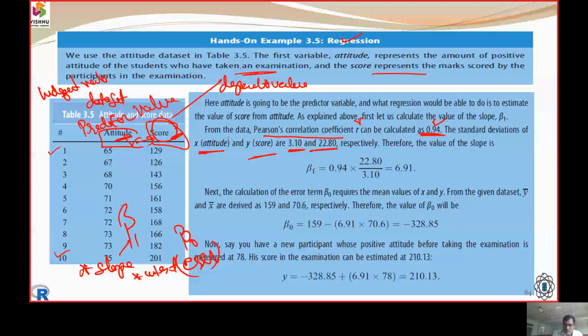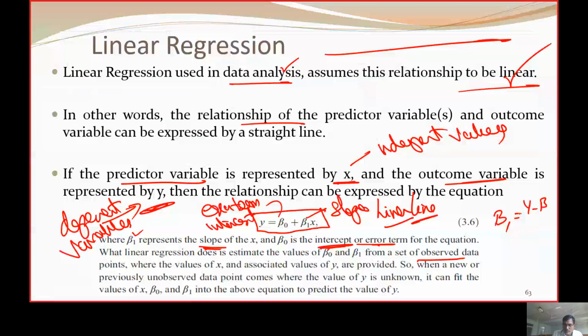So beta 1 is r times the standard deviation of y divided by the standard deviation of x.